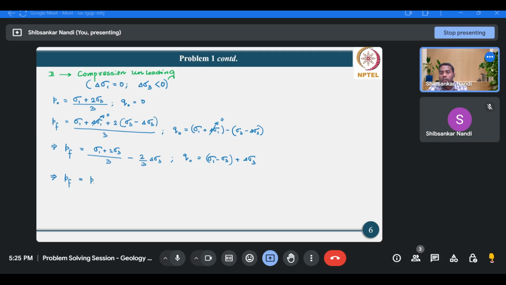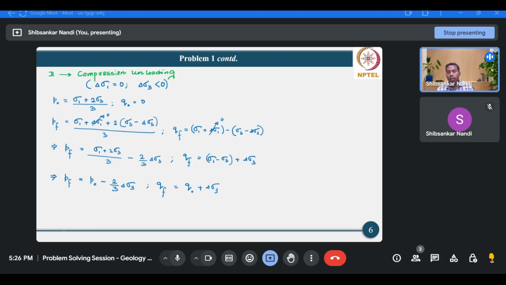So PF would be P0 minus 2/3 delta sigma 3, and QA is Q0 plus delta sigma 3. So as we can realize from these two expressions, your mean stress will be decreasing, whereas the deviatoric stress will be increasing.